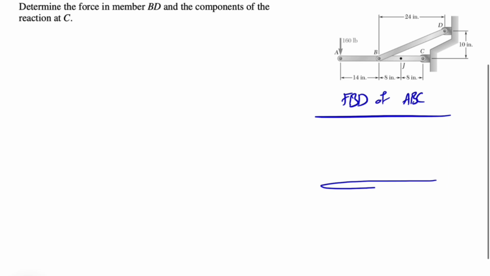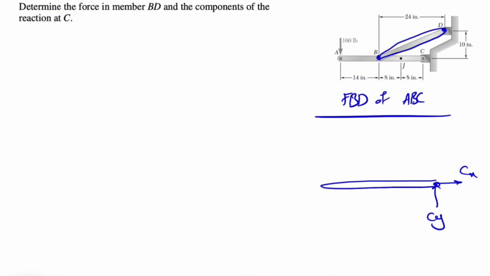If I look at point C, we have a pin, which means we have both x and y components, Cx, Cy. And if we look at the member BD, we'll see that we have a two-force member, which means there are only two forces at the two ends of this member.